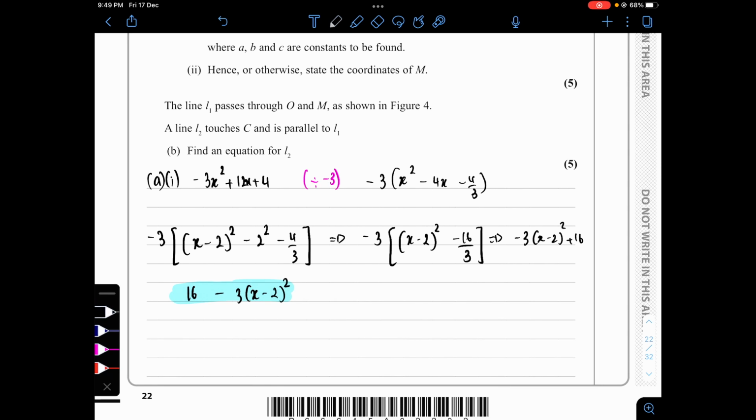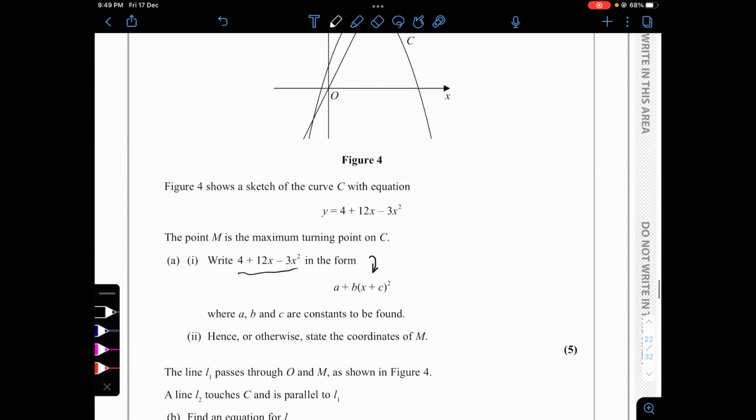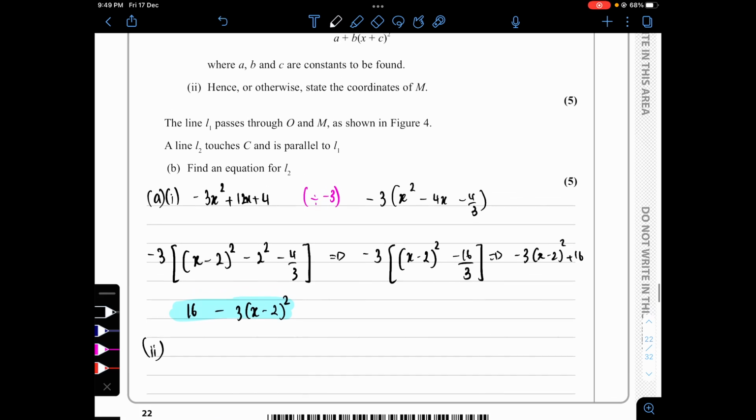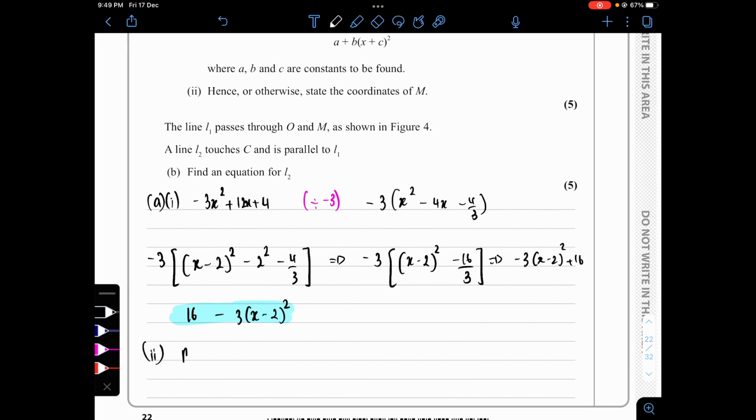Now part (ii). They want the maximum at M. Now this is the very neat trick that we have here. To find M, it's pretty simple. This number over here is usually the y coordinate, and this over here is usually our x coordinate.